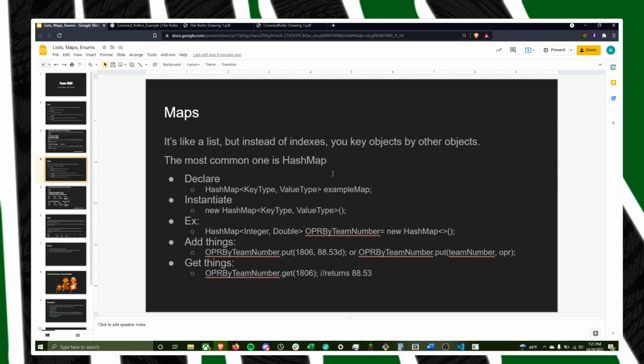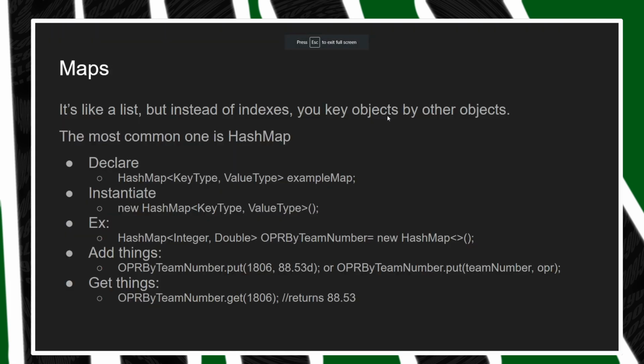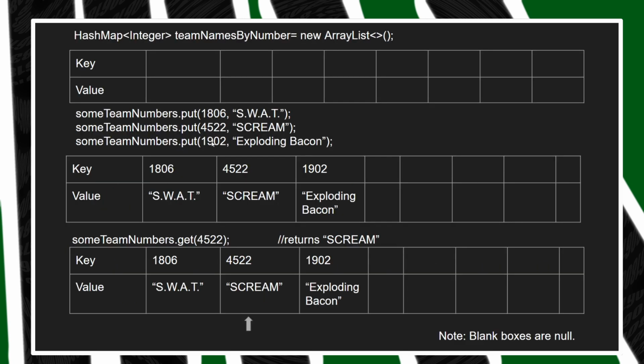Maps. Used a lot less commonly in robot code, but they're still a very common data structure. Kind of like how the ArrayList is like a PO box where everything already has an assigned number, with a map you can assign what's known as a key, so you can name the boxes and things go in there.